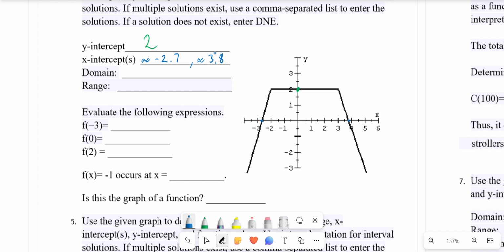Can't do much better than that unless they told us what the equation for this curve was, and then I could just plug in or solve for 0 and figure out what that x value should be. Or if they had made it more clearly hit one of the tick marks, then we would know what it was.